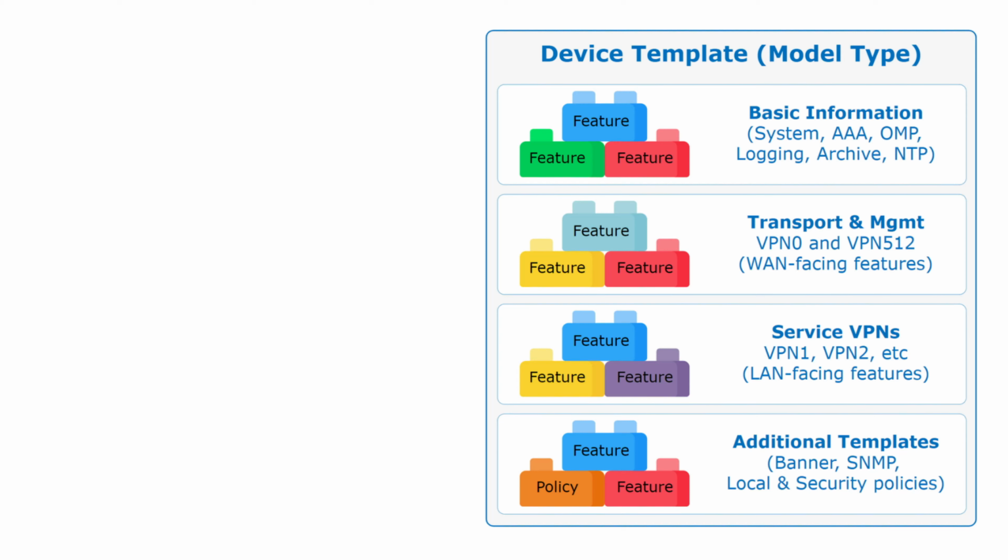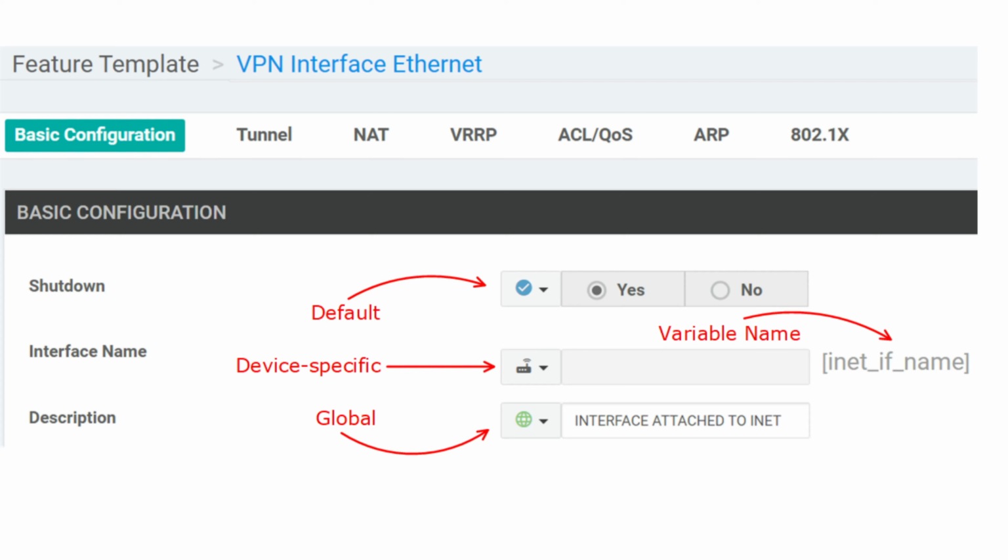Now, when we go to the feature template, you will see that every feature is classified with three options: either global, device specific, or default. For default, we don't need to know anything about it. That's a system parameter given by the Cisco Viptela solution as the default, and generally we don't change that.